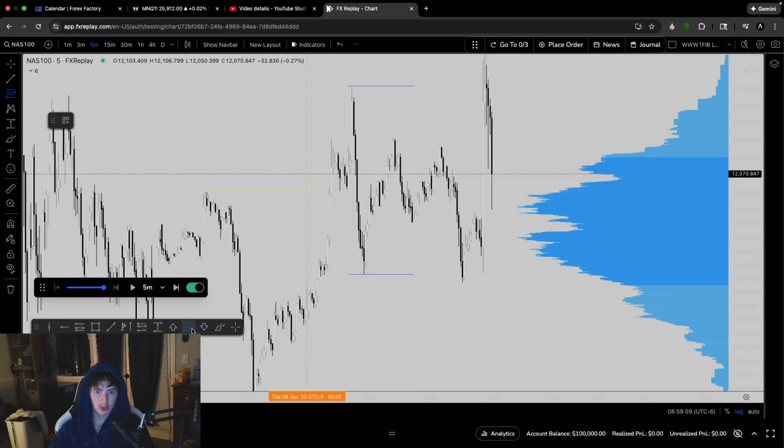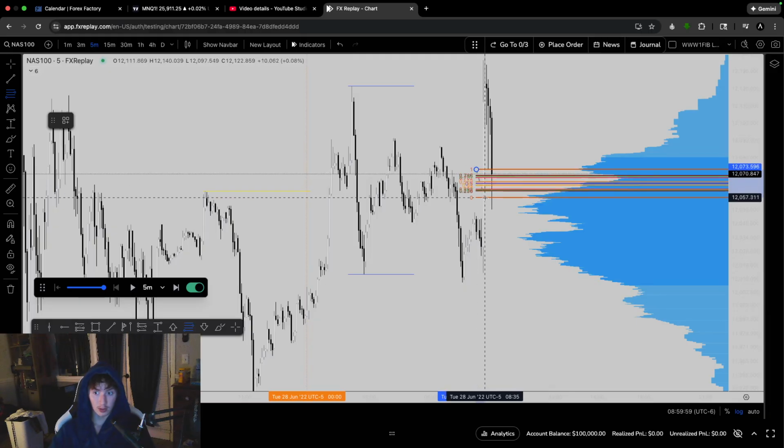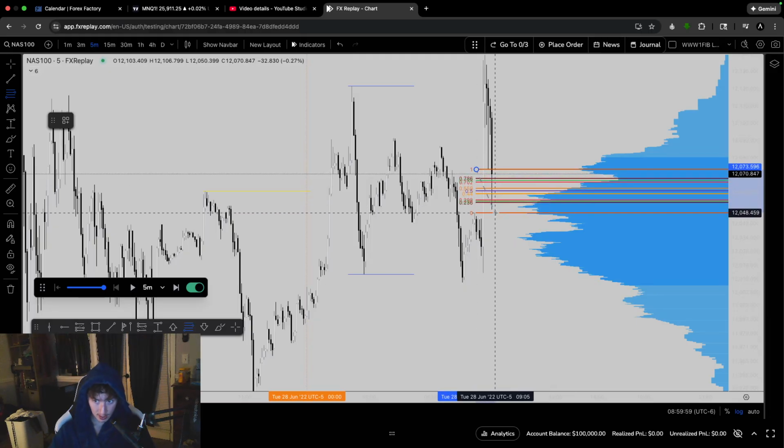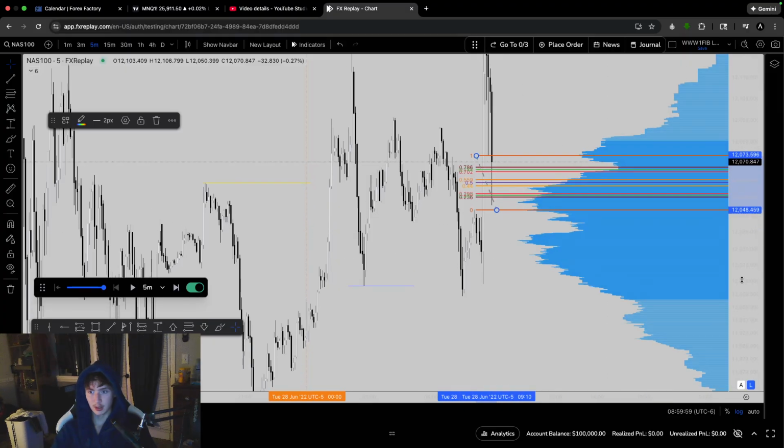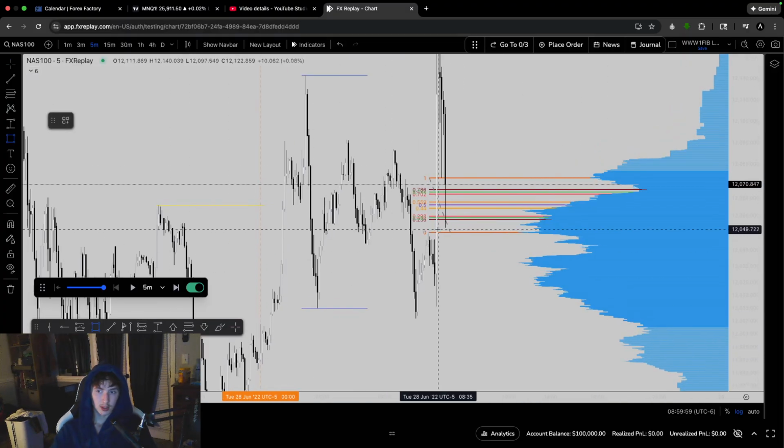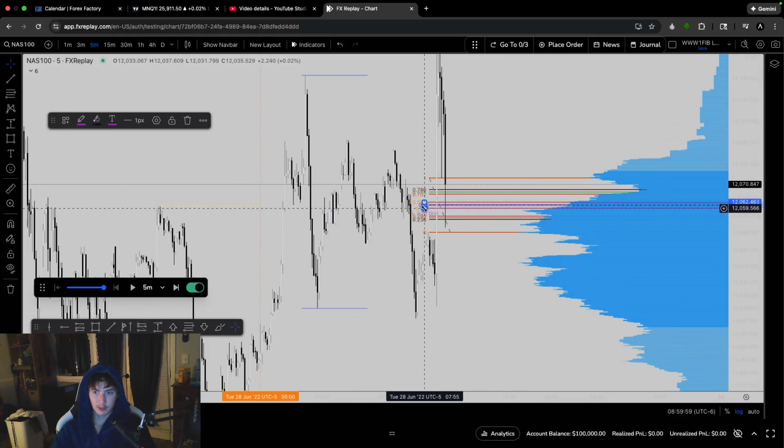So what we're gonna do here is draw from the most recent higher low to the most recent higher low to the most recent... the wording is so confusing. And we put a box in this yellow area right there.